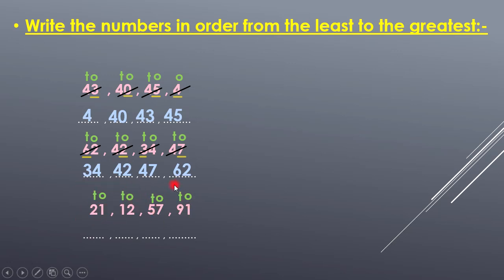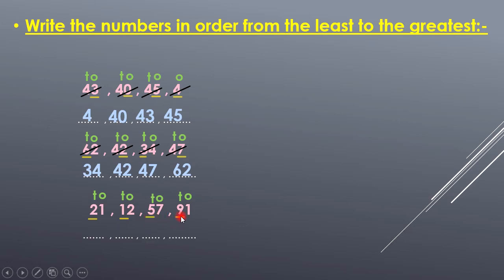We find that the tens digits are different from each other. So we should look to what? The tens digit only. When the tens digits are different, we look to the tens digit only. Don't look to the ones digit. So I put a line under the tens digit numbers.